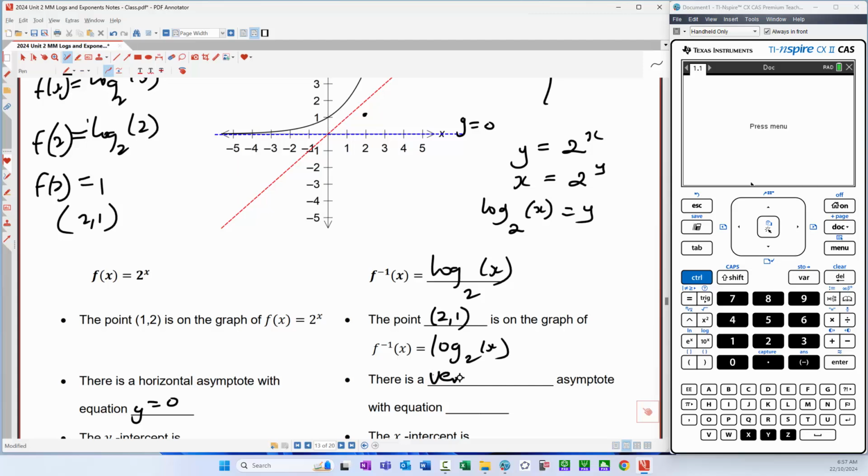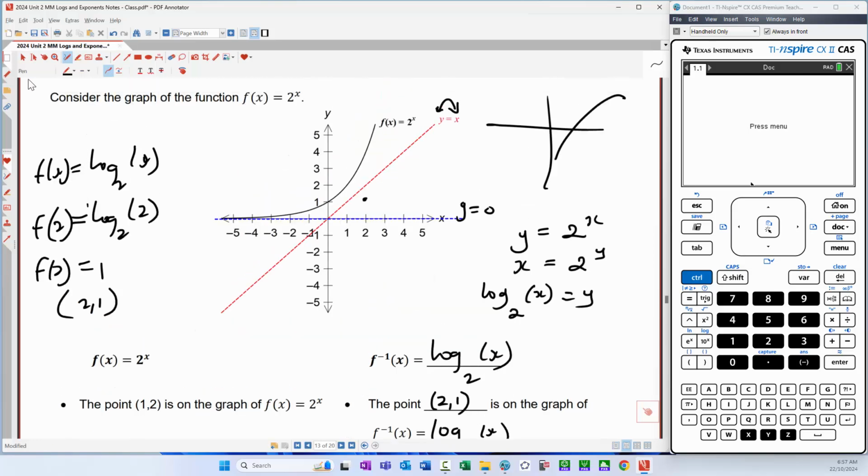So there is a vertical asymptote with the equation x equals 0. So we still haven't drawn the actual logarithm yet, but let's add the vertical asymptote x equals 0 right there. All right.